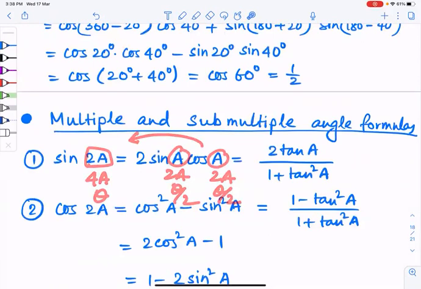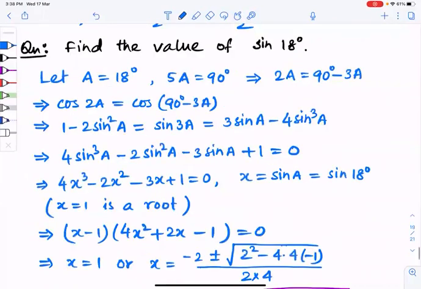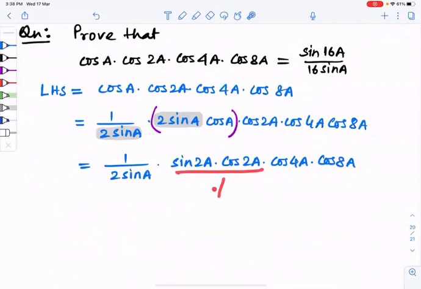So by using that, I can get here sine 2A cos 2A, it can become sine 4A, the angle becoming double of 2A, only if I have a 2 here. So I will take an extra 2 here, and I will also take an extra 2 here.